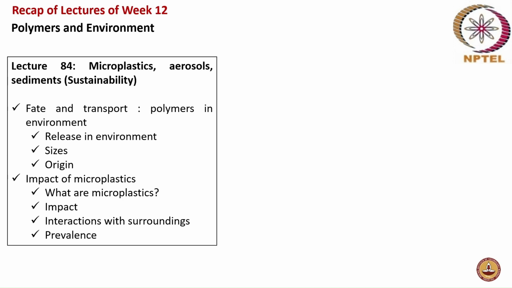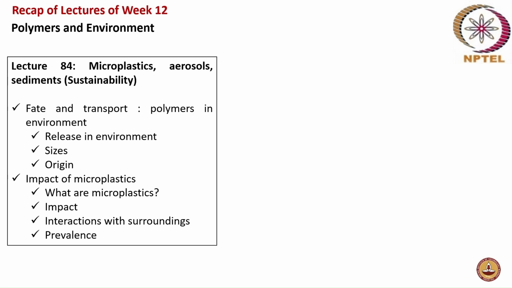It was discussed in the lecture that the amount of microplastics present on the ocean bed is much larger than that present on the surface of the ocean, though they are lower in density and tend to float over time. They also start sinking due to different interactions. So their interaction can vary. There can be adhesion, bonding, biofouling, and phytoplankton can affect as well. And they also sediment, and finally they settle.